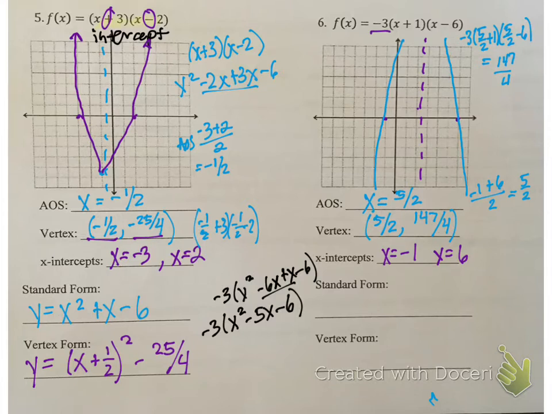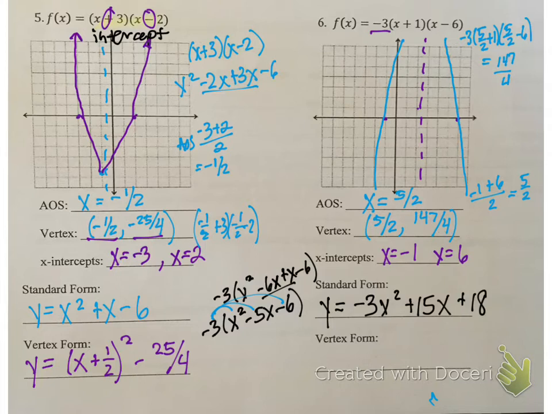Then save the best for last. I'm going to distribute this negative 3. So my final answer would be y equals negative 3x squared plus 15x plus 18.